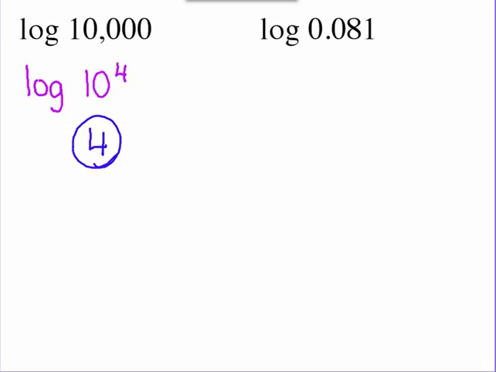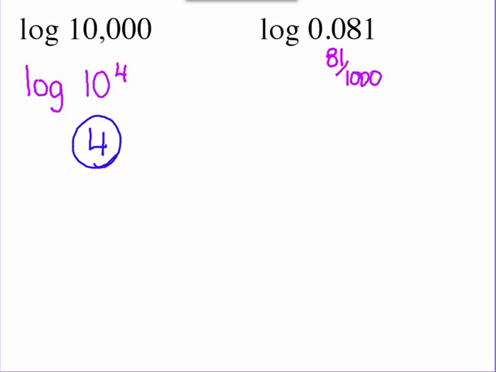What do you do on this next one? Yeah, it's 81 over 1,000. Yeah, it's 81 over 10 cubed.